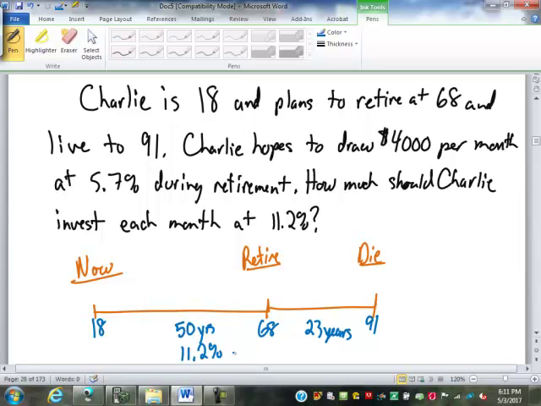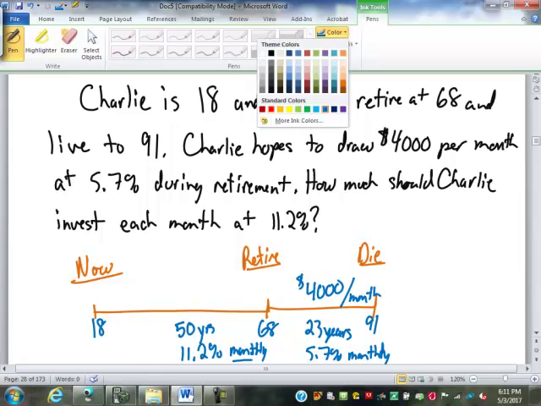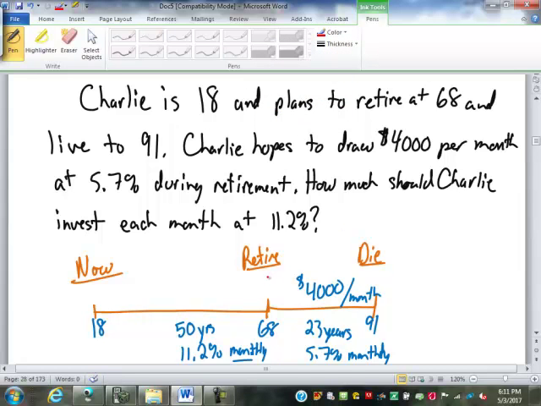That's the 11.2%. That's monthly. During the liquidation phase? 5.7%. And also was looking at drawing monthly. The 4,000 goes on which side? Liquidation side. 4,000 per month. So it's the liquidation side that we know the third piece of information. So we're going to be able to find the present value on the liquidation side.